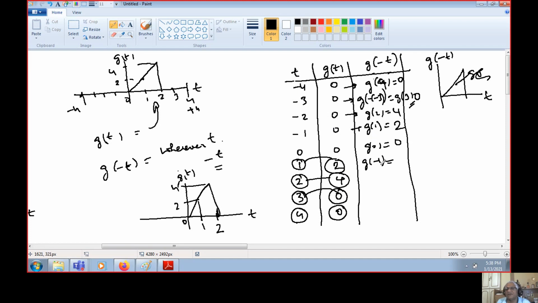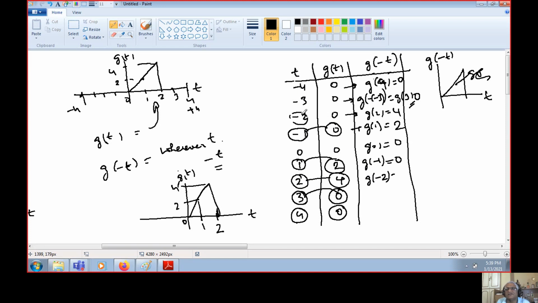Okay. Now what is g of minus 1? Where will I get that value? g of minus 1 I will get here. This is t and this is g of minus 1. What is that value? It is equal to 0. Then next value is 2, g of minus 2. So what is g of minus 2?